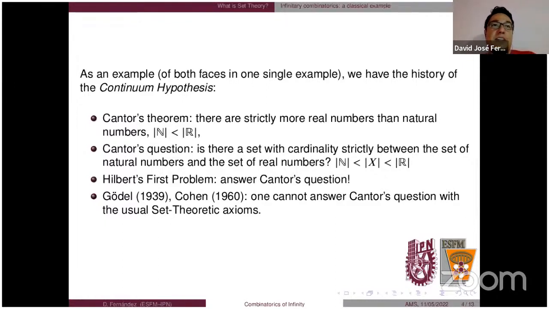And it turns out that the axioms are not enough to either prove or disprove the existence of this set X of cardinality strictly between. So this is one example of, like I said, the two facets. On the one hand, this is a foundational question because it turned out to be undecidable from the axioms. And on the other hand, it's a paradigmatic example of infinite combinatorics. We're dealing with sizes of infinite sets.